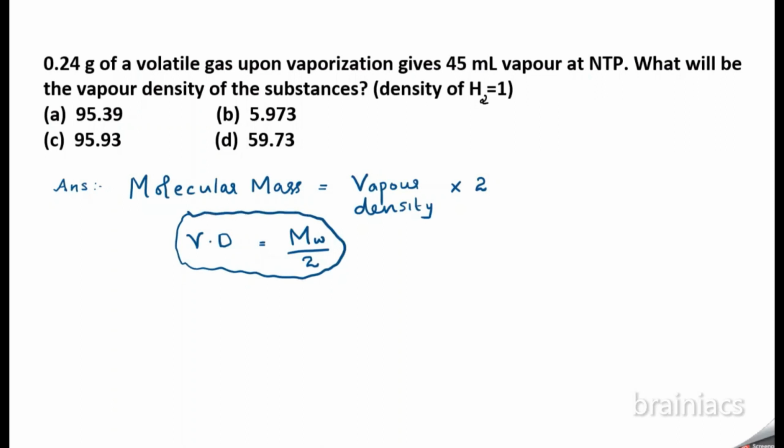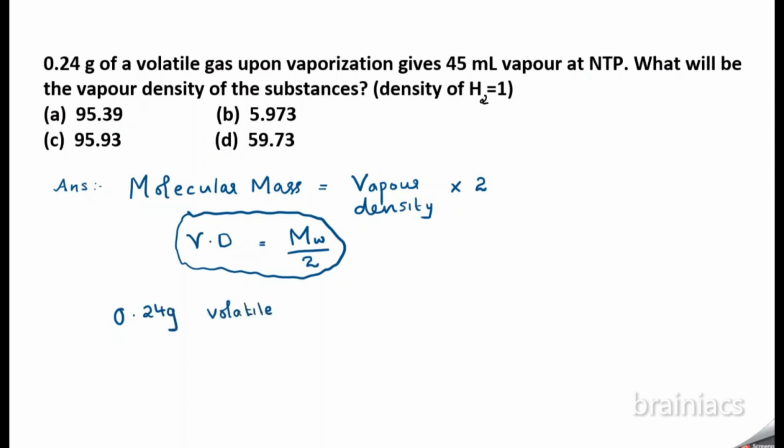Now, what is this question stating? It is stating that there is a volatile gas. 0.24 gram of this volatile gas on vaporization is giving 45 ml of the vapor. So we will write that: 0.24 gram volatile gas.